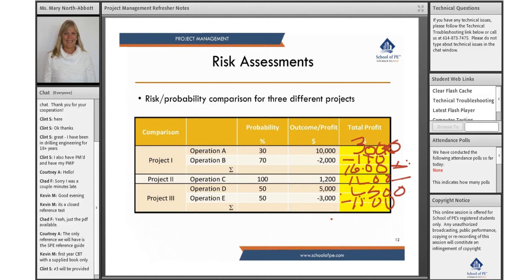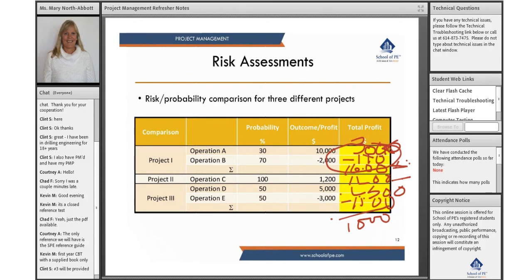You take the 2,500, and our net there is 1,000. So which one's the best case scenario? The first one. It's the best risk and potential profit outcome.